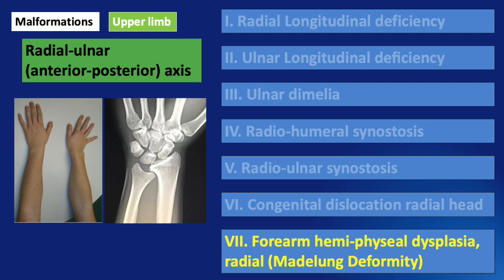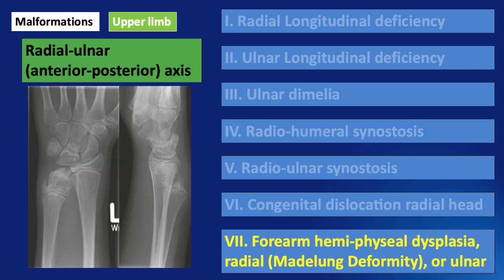This deformity is due to premature closure or defective development of the ulnar third of the distal physis of the radius. This hemiphyseal dysplasia of the forearm bone could also involve the ulnar side.